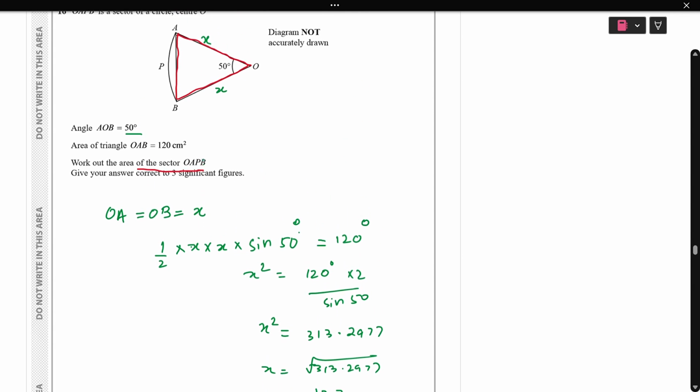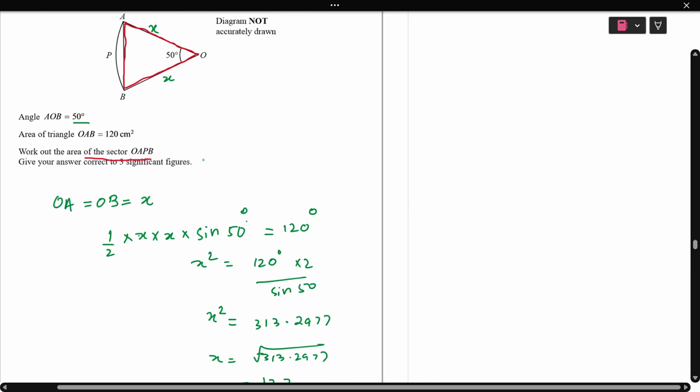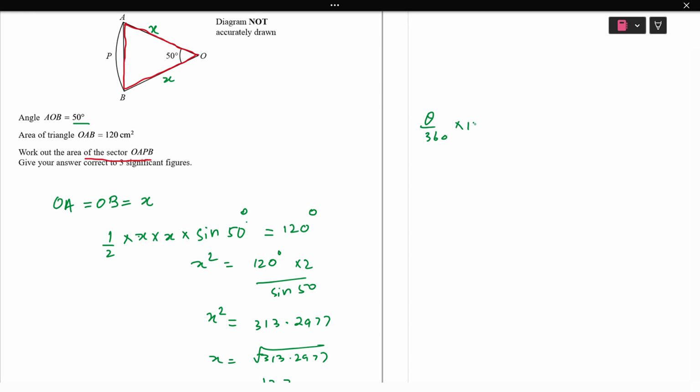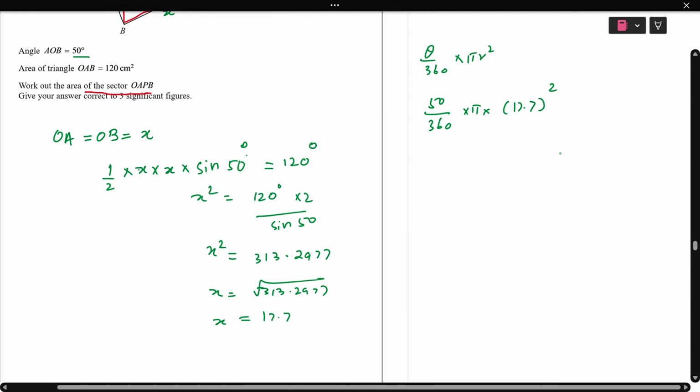So we go for the formula. The area of the sector is theta over 360 times pi r squared. So theta is given, 50 over 360 times pi times 17.7 squared.